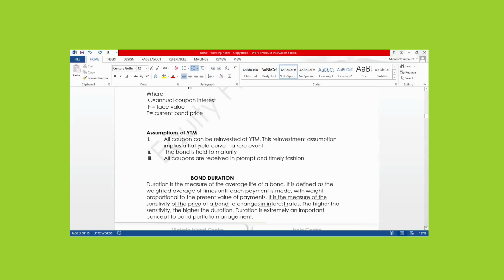When we say coupon, it means interest. All coupon interest can be reinvested at the rate of the YTM, the rate of yield to maturity. This reinvestment assumption implies a flat yield curve.